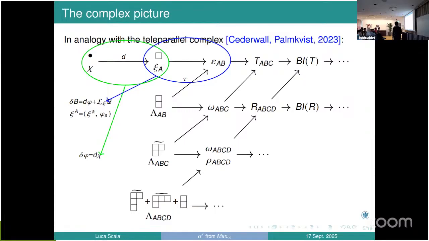With D, you generate the Bianchi identity, and the Bianchi identity for the Bianchi identity, and so on and so forth. Of course, the generalized frame is also invariant under local Lorentz transformations. This is very similar to how ordinary geometry works, so you need to introduce in this picture also these Lorentz parameters. When you apply a D to this, it generates a spin connection, like in ordinary geometry.